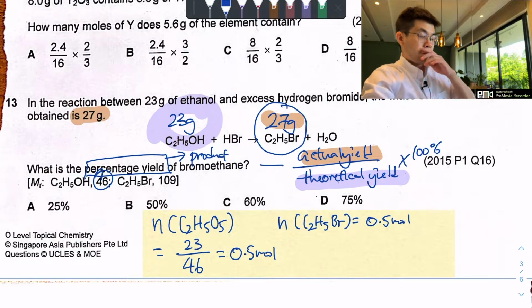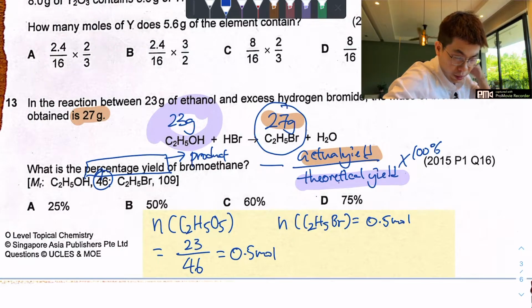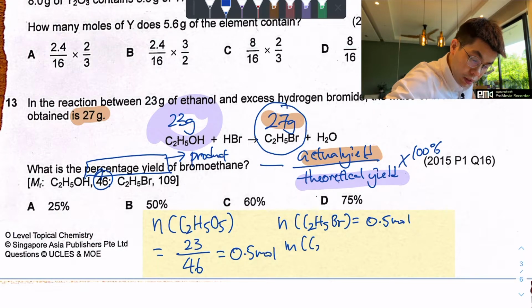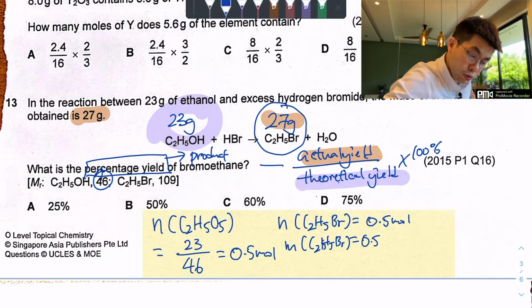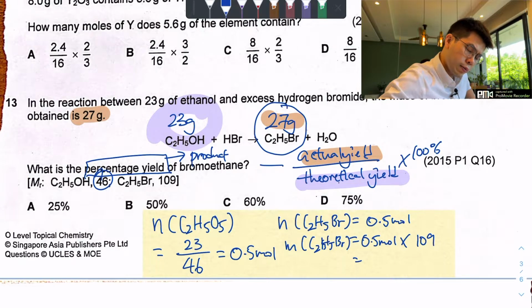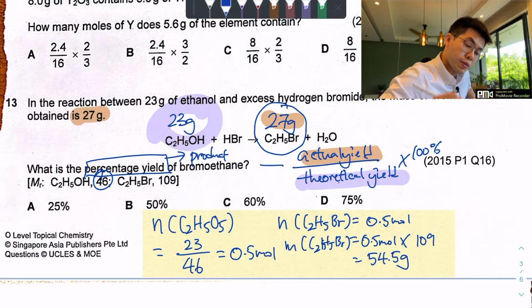Then I need to find the theoretical yield. The mass of C2H5Br is the number of moles times MR, which is 109, so that would be 54.5 grams.